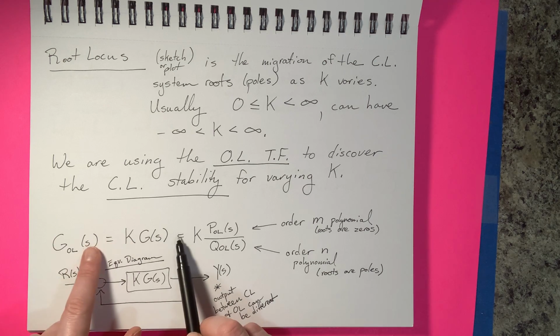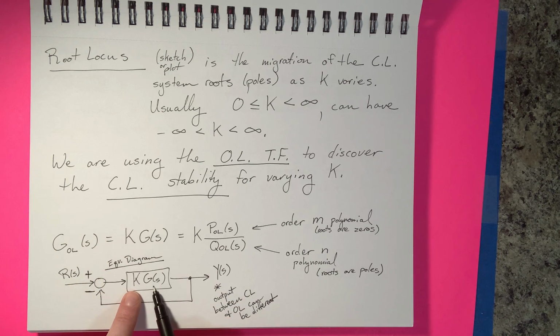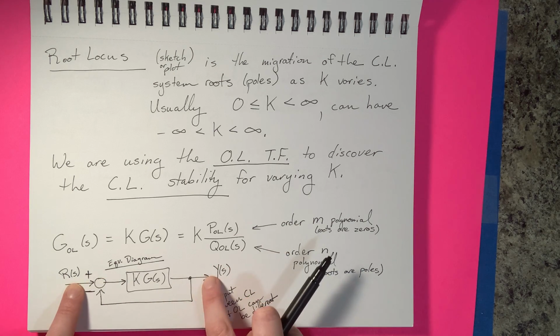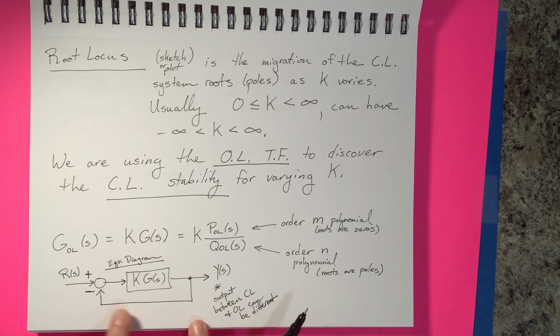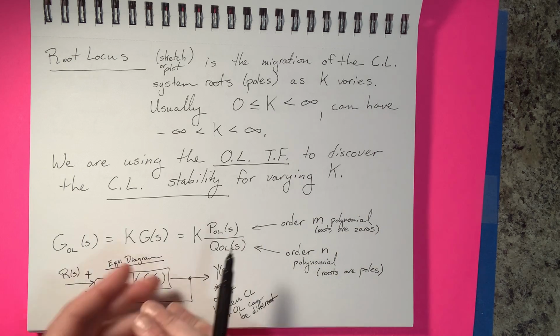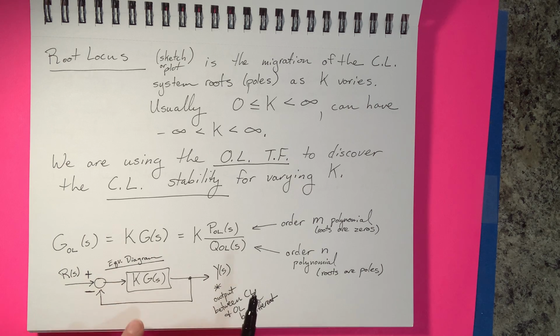This is our GOL open loop block right here. We place it back into that completed diagram for the closed loop system. We'll see that it fits right here in the center. Okay. Now the roots are actually going to be exactly the same. So whenever that happens, that means that since the roots determine the stability, we can determine the stability of our closed loop system just from those open loop roots.